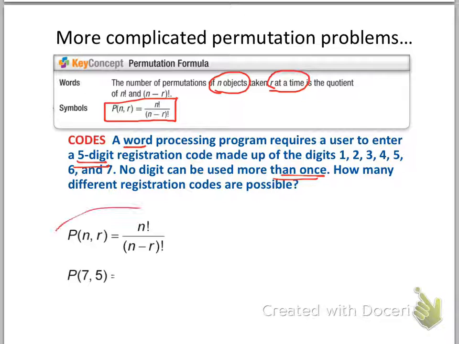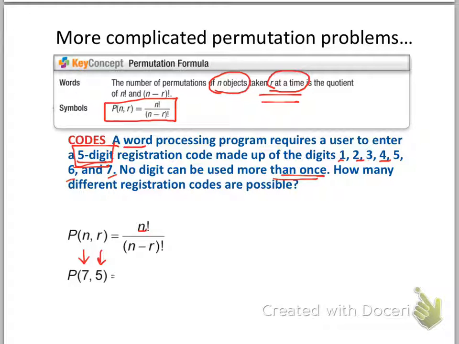So, using this formula here, 7 is the number of objects. We have 1, 2, 3, 4, 5, 6, 7. Those are the possible numbers that we can use. But we only need to use 5 of them. So that's how many we're using at a time. So now that we know what N and R are, we just have to plug it into our formula.